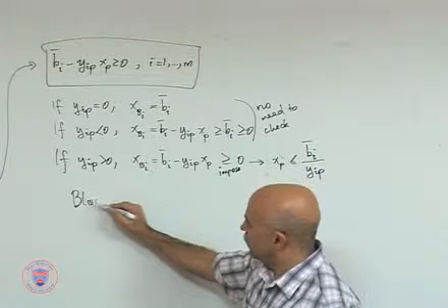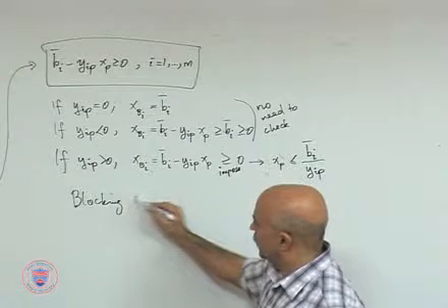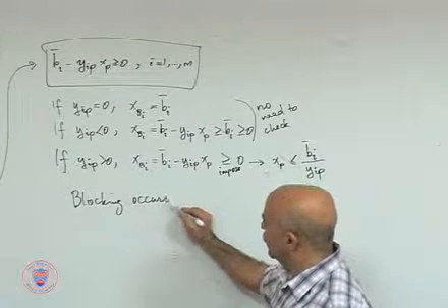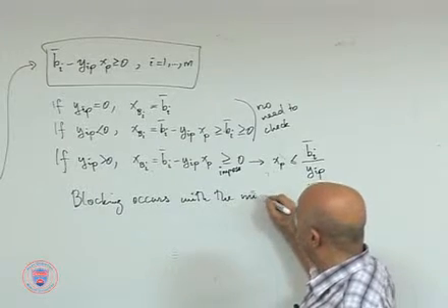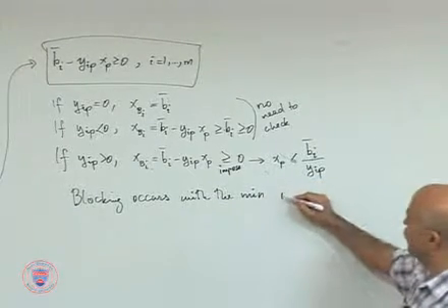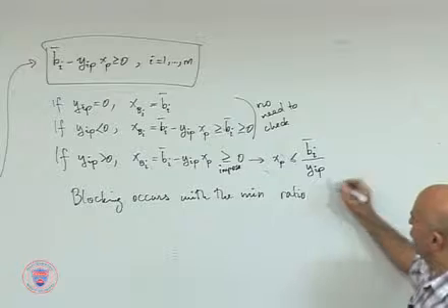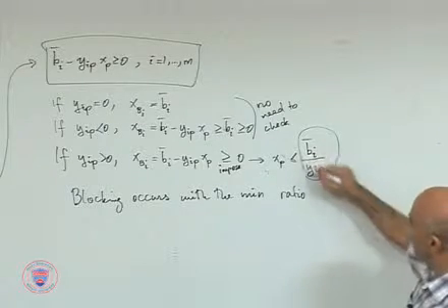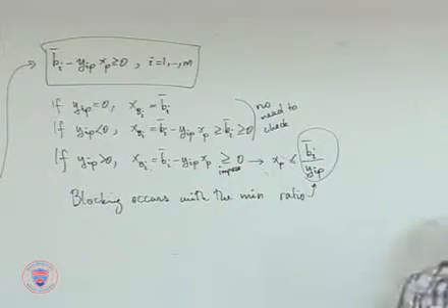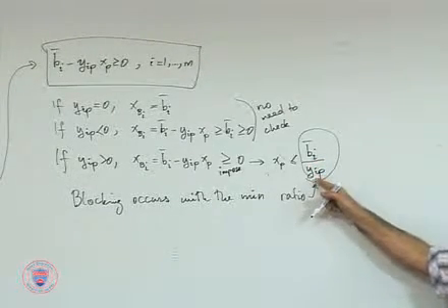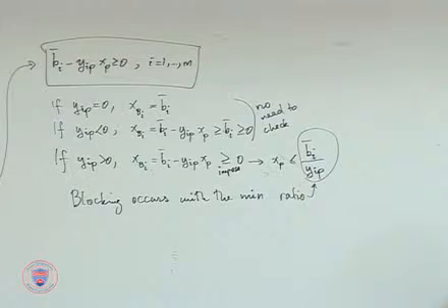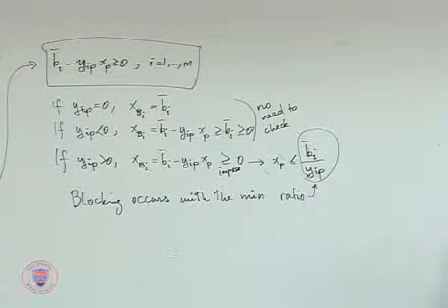Blocking occurs with the minimum ratio, if you refer to this as your ratio. Okay? It's the ratio of the current value divided by whatever coefficient you've got for the entering variable in that ith equation.